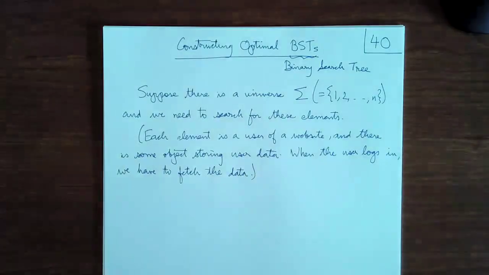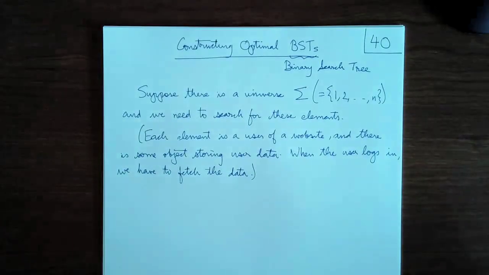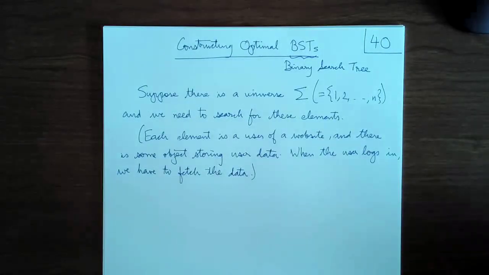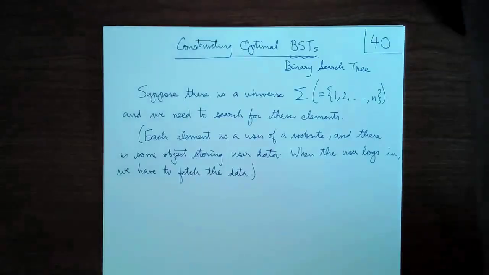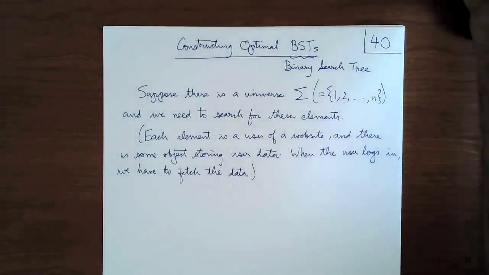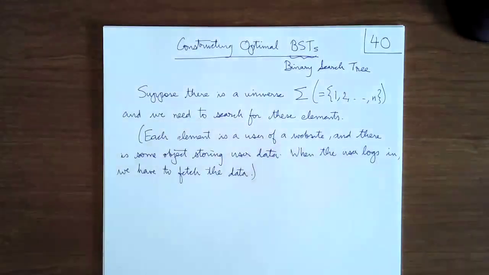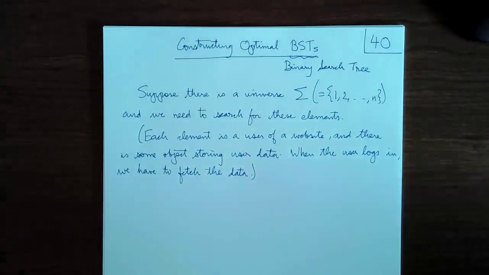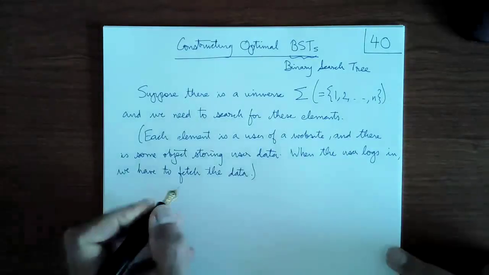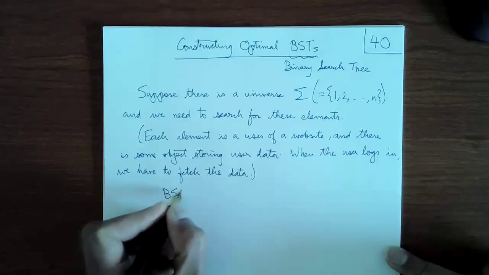Right? So what is the data structure to solve this problem? Any guesses, thoughts? This is your problem. I guess it's already written. What you would do is a BST.